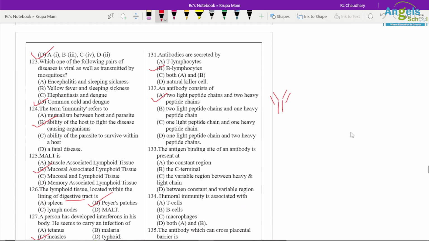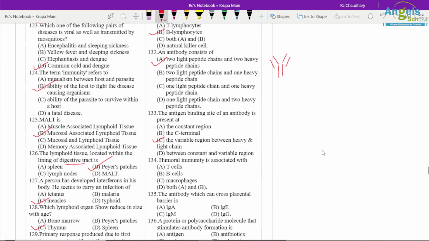The antigen binding site of an antibody is present at the variable region between heavy and light chain. Humoral immunity is associated with B cells. The antibody which can cross the placental barrier is only IgG.